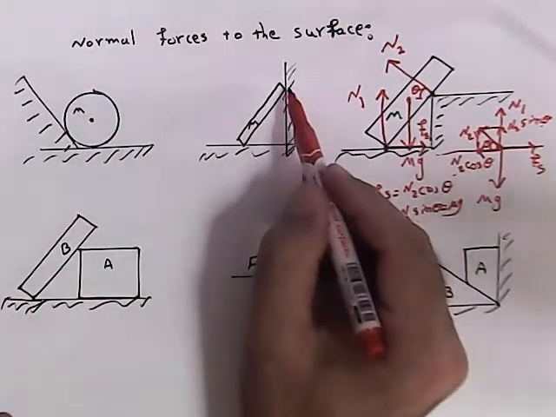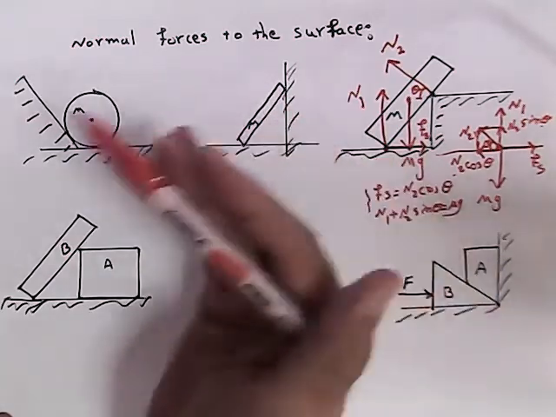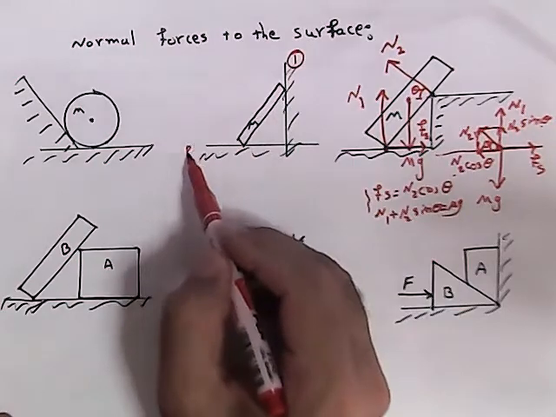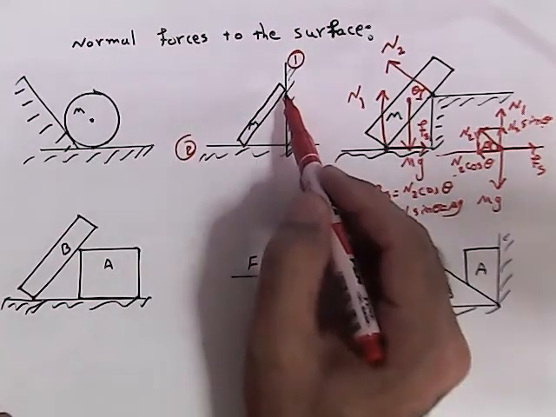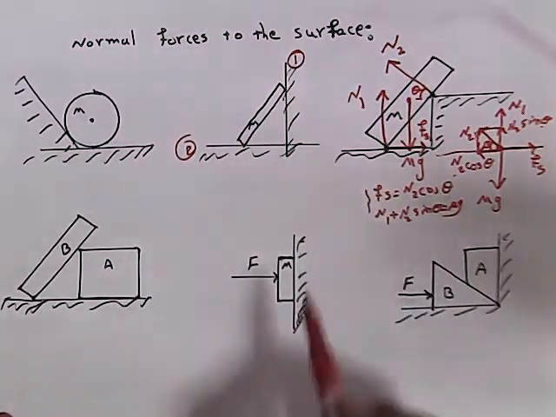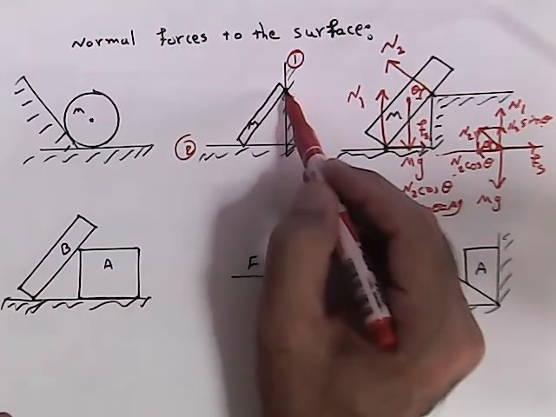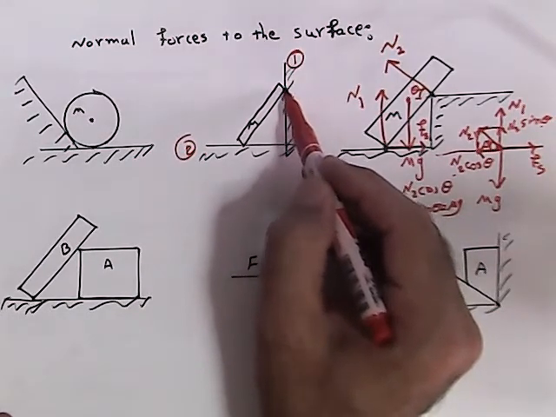But how about here? There is a ladder sitting next to the wall. In this way, this is wall 1, this is wall 2. So you could say the normal force to the surface here is at the point of contact, normal to the surface toward the system.